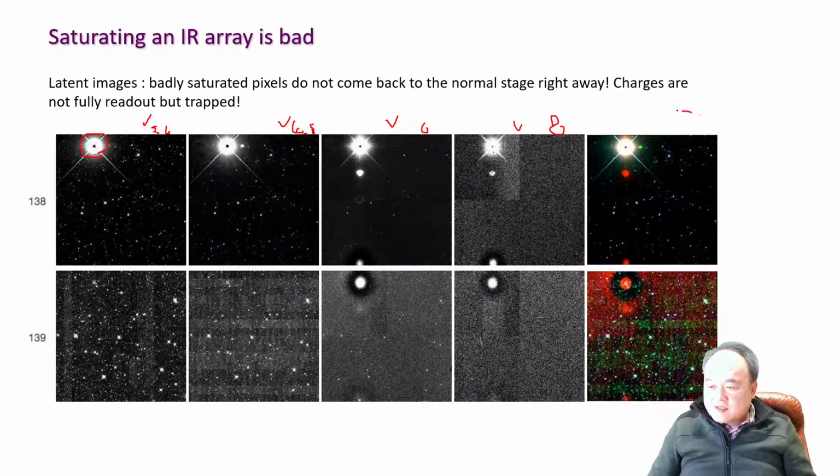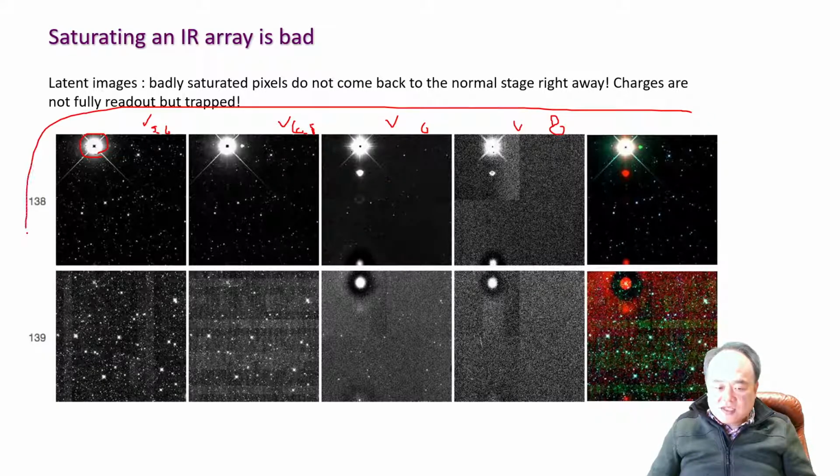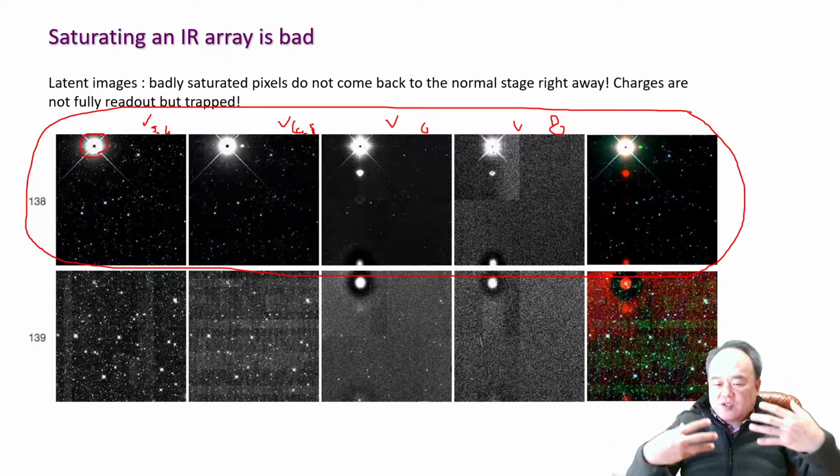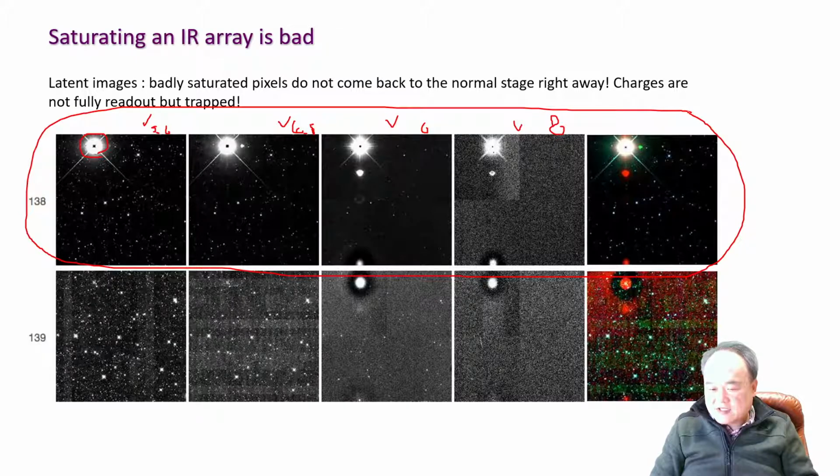The main problem is that this bright source saturates the array very badly, and the charges overflow. The charges produced by this saturation don't get read out completely, so there is trapped charge in the badly saturated pixels.